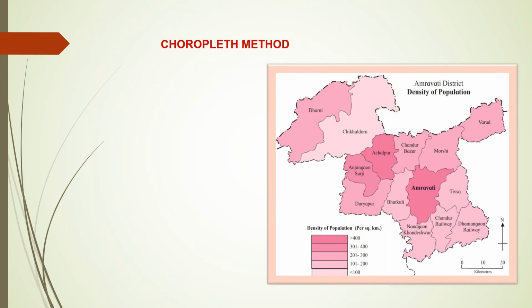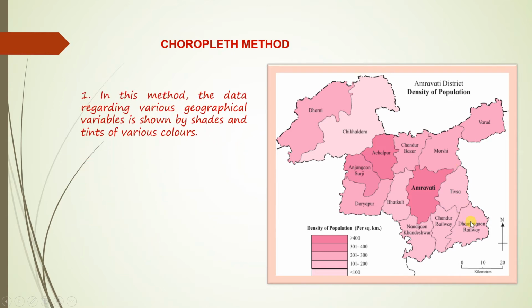This is an example of a choropleth map. Choropleth method is used here to show density of population. In this method, the data regarding various geographical variables is shown by shades and tints of various colors.